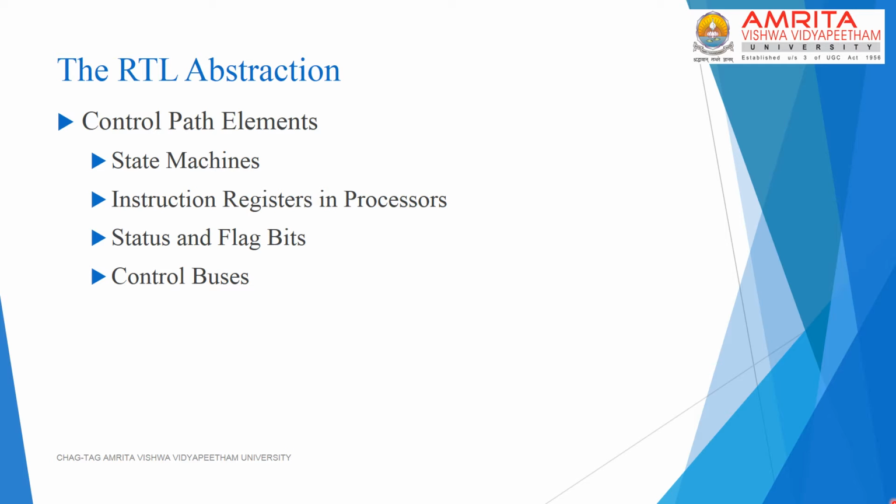We know that if an addition is to be executed in a processor, the data has to be stored in the processor registers. So this is an action which is carried out by means of certain control signals generated from the control path, which typically consists of the control bus and the state machine, which controls the execution of instructions.